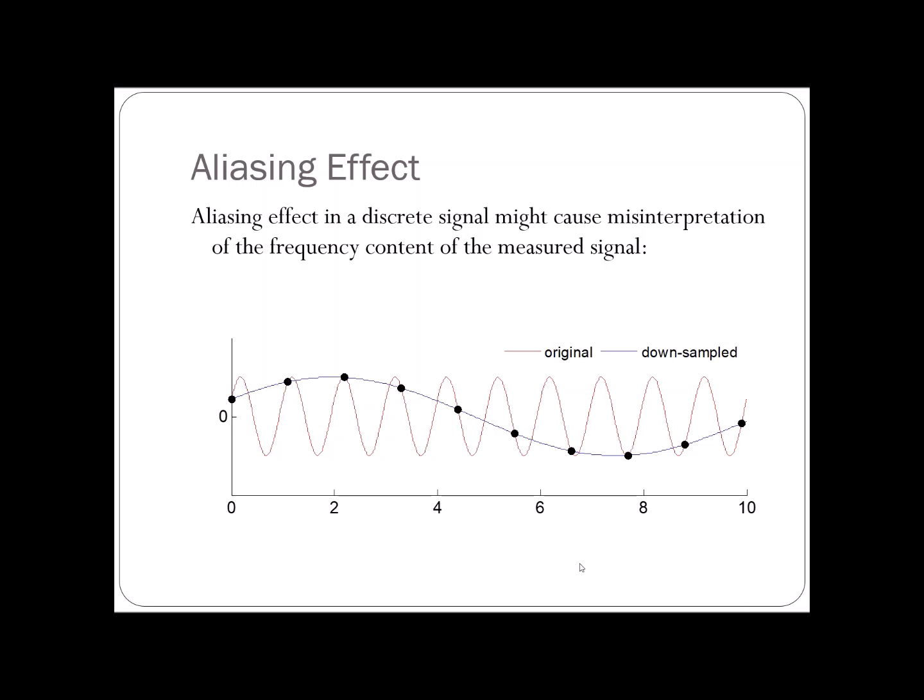This picture will give an illustration of how the aliasing effect happens. Here, the red signal is the original signal that I want to capture with my device. To capture this red signal, I use a sampling rate which corresponds to this point.